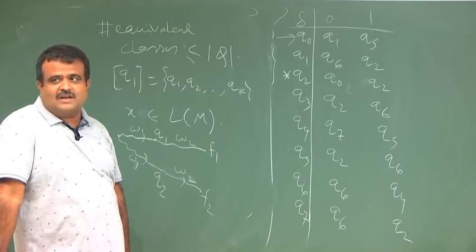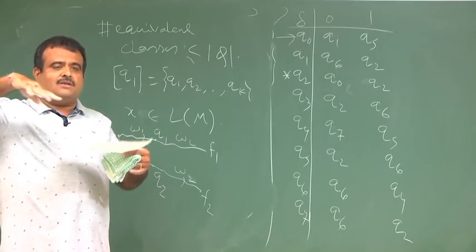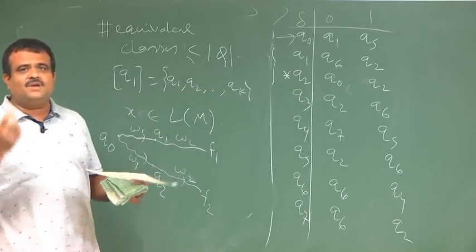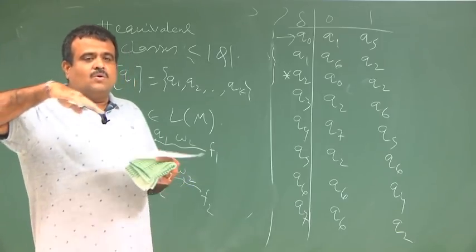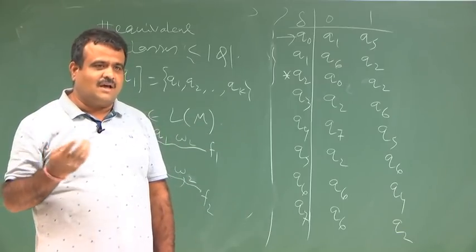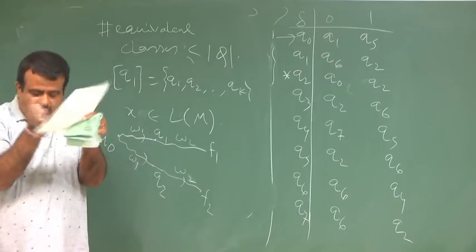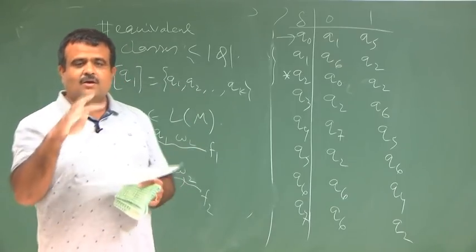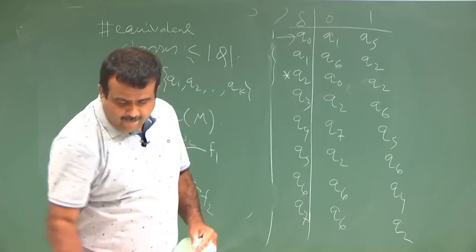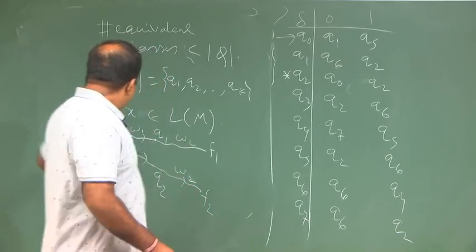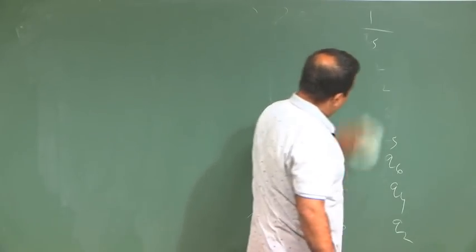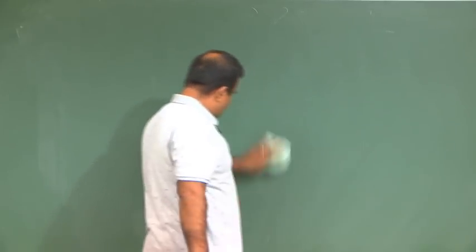So, if in the path of execution of x we encounter any one of these states, they are basically behaving the same, because from there we can reach either a final state or a rejected state. That is how we are merging these states to get a single state in the modified DFA. That is the idea, and this is one example. We will do more on the minimization process.